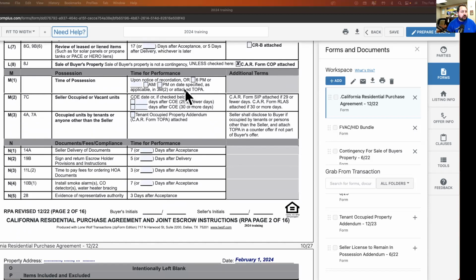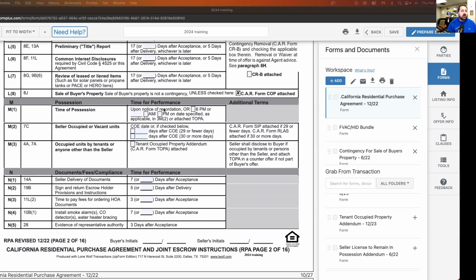Time of possession. So in this new contract, right, the one that's 2 years old or 3 years old, whenever, I think it's 2021 it changed, I'm not sure. They separated the seller occupancy and the possession. They separated them into two separate things. So by default, it says that I am the owner, like the buyer is the owner of the property upon confirmation of recordation.